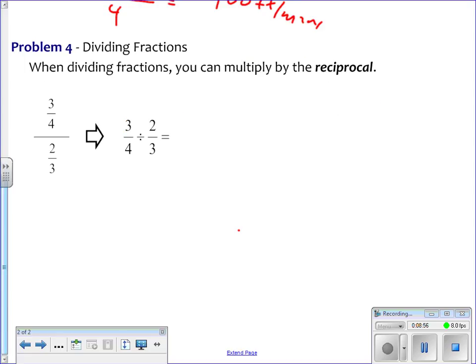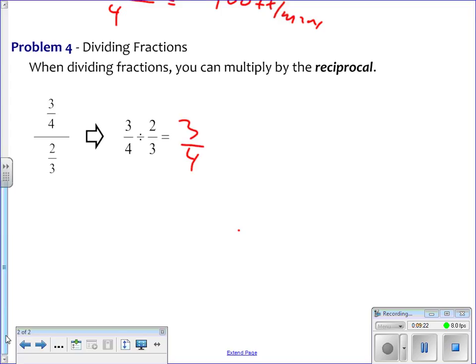Here we go. Last one. When you divide a fraction by a fraction, this is the same thing as that. 3/4 divided by 2/3. How do you solve it? You invert and multiply. Which fraction do you invert? The second one, not the first one, always the second one.